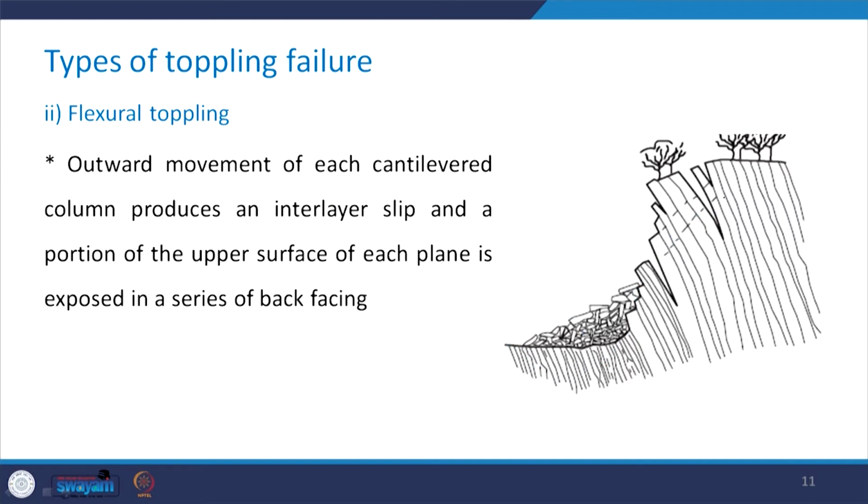The outward movement of each cantilever column produces an interlayer slip. So, the moment there is the outward movement of each column, there is going to be the interlayer slip, and the portion of the upper surface of each plane is exposed in a series of back facing.